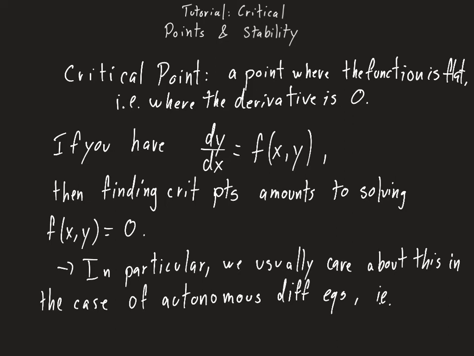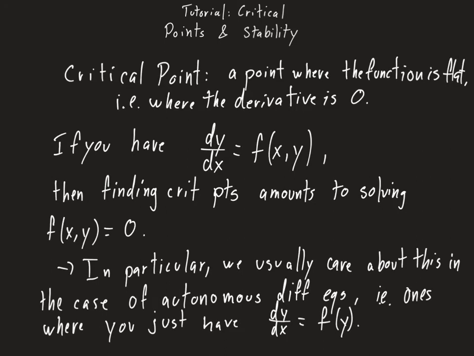In other words, ones where you just have dy/dx equal to f(y). So an autonomous differential equation is one in which your variable x, or your variable time, doesn't show up in the right-hand side.